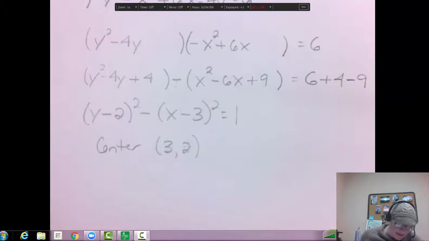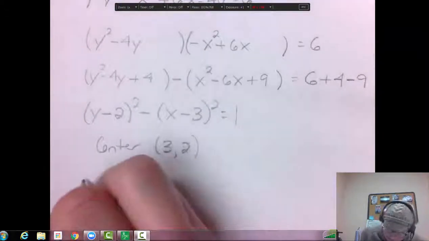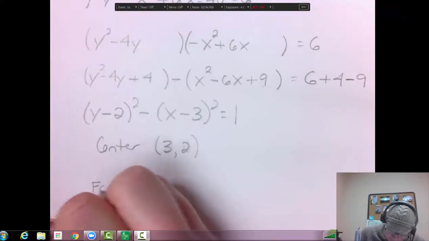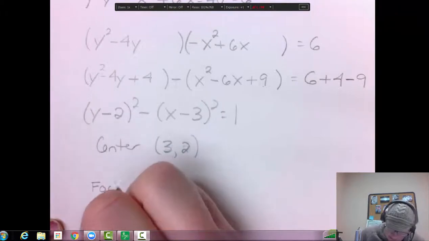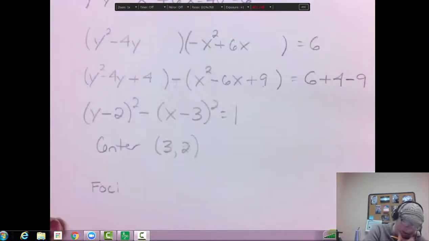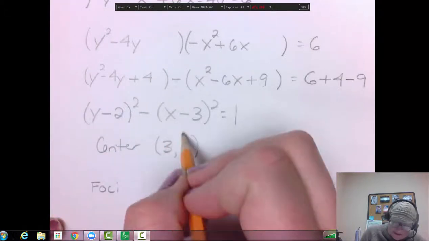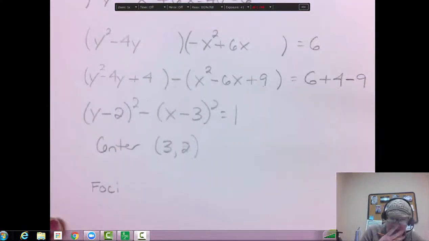What else could you be asked? Well, let's look at the focus. So we know for this one, the foci, let's look at the distance. Well, we don't really have a number underneath these, so we would use a 1.